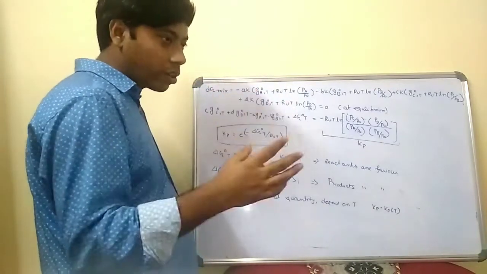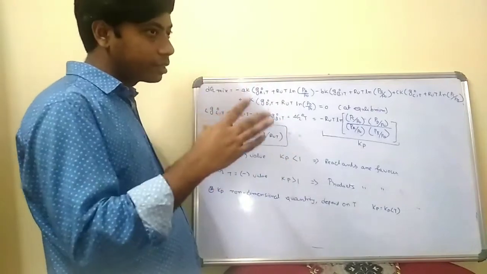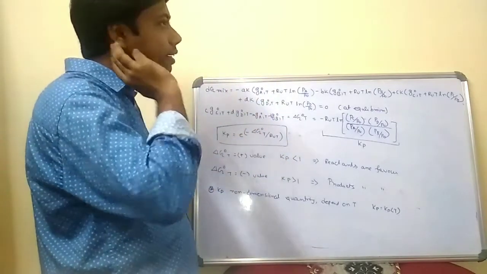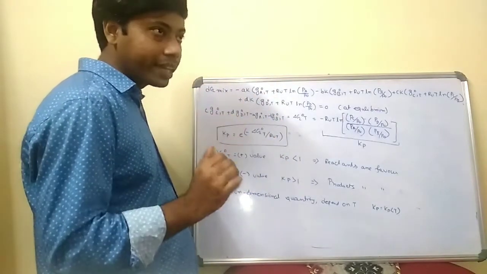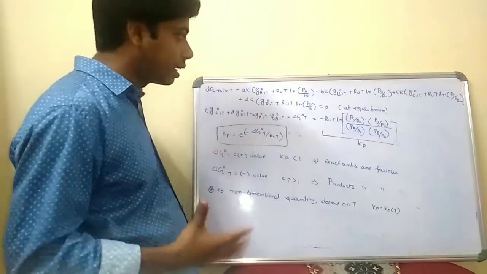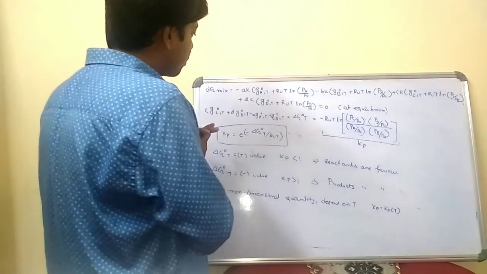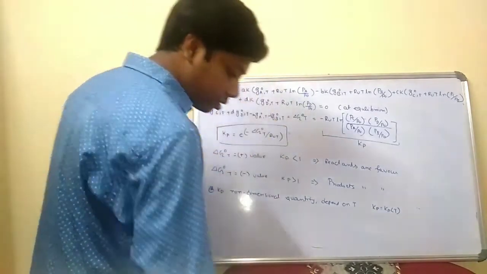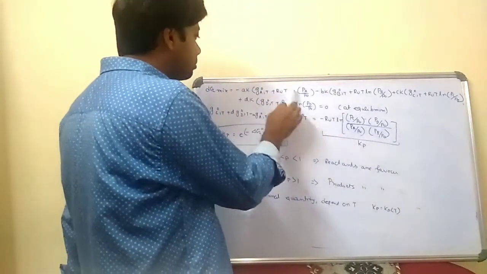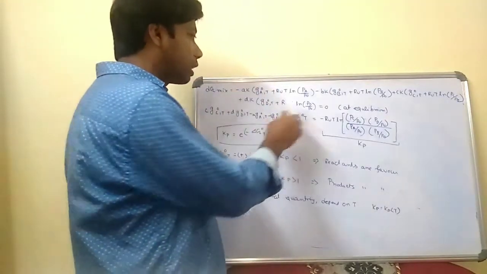Now, from that concept, in terms of minus dNA, you can write minus ak, similarly minus bk, similarly ck and dk. If you write these equations in terms of this, then dG mixer for a particular equilibrium condition will be 0.